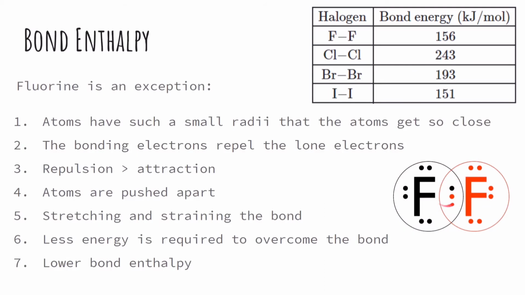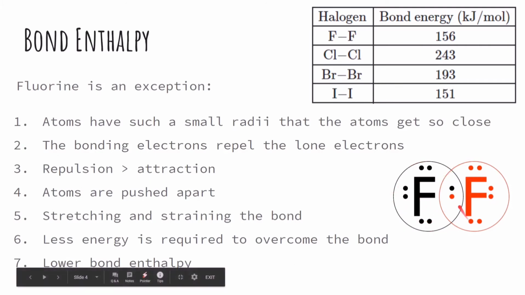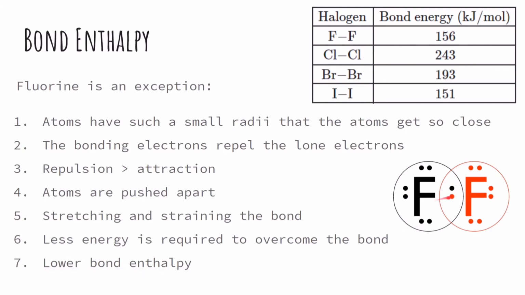And this repulsion is greater than the attraction between the bonding electrons and the positive nuclei in the covalent bond. And because this repulsion is stronger than the attraction, the fluorines are pushed apart, stretching and straining the bond even more.